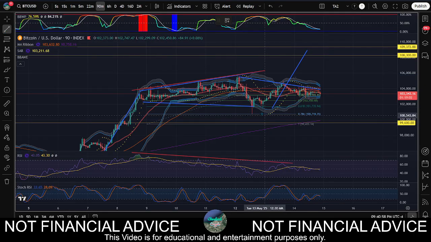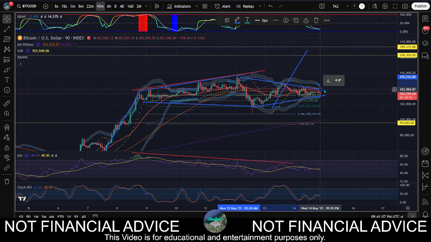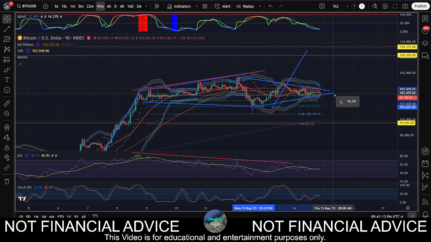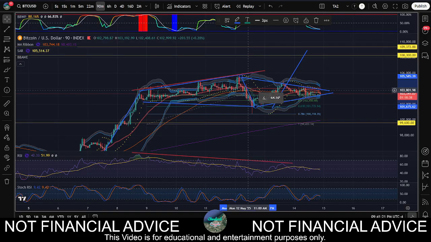Now, symmetrical triangles tend to break to the downside. Yes, they are supposed to be 50-50 patterns, but they tend to break down, in all honesty. So where would it break down to? It would break down to the base of the pattern.